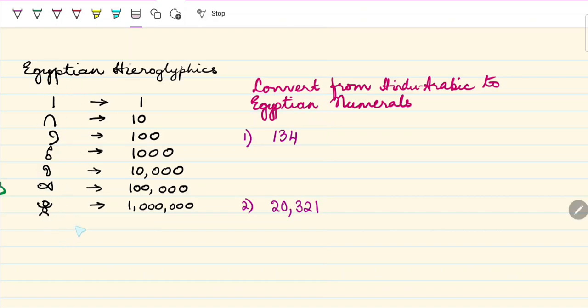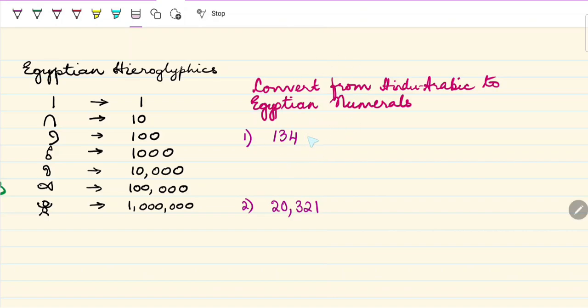All right. So I have here the chart of all the Egyptian numerals along with their decimal equivalents. And as we know, the values increase by multiples of 10, and as you will see later on, it makes things somewhat easier when we do the conversion from the decimal to Egyptian.